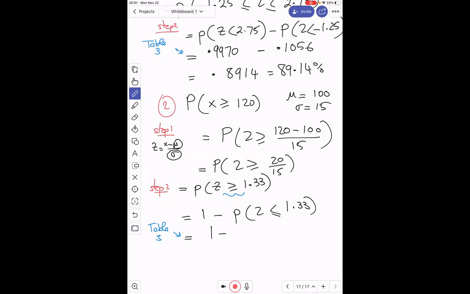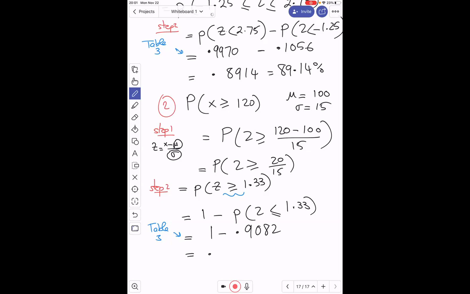So 1.33, let's see. Nearest tenth, it's 1.3. Nearest hundredth, it's 0.03. So the answer is actually 0.9082.